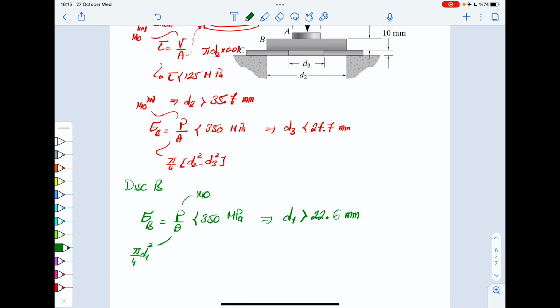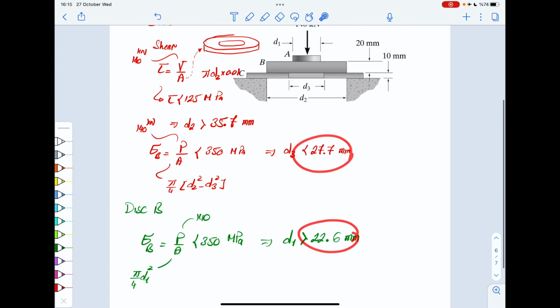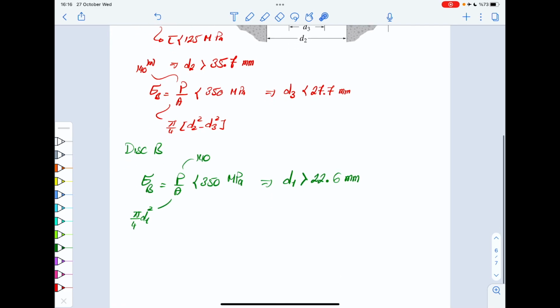Okay, but now, if you compare these two, you see D1 is smaller than D3, so that means it will also cause a shear on the side of it. So you need to make sure that your shear criteria is fine. So we just check it.